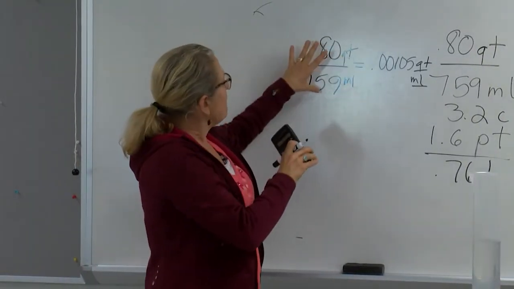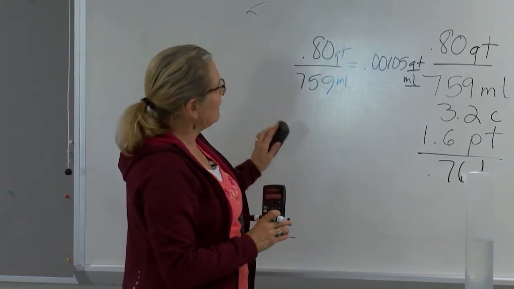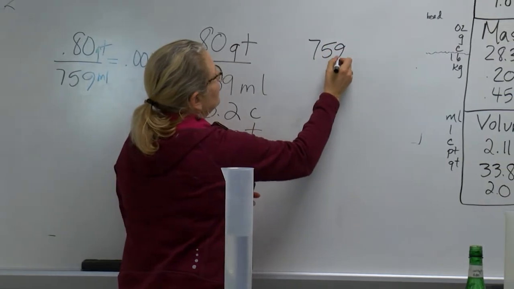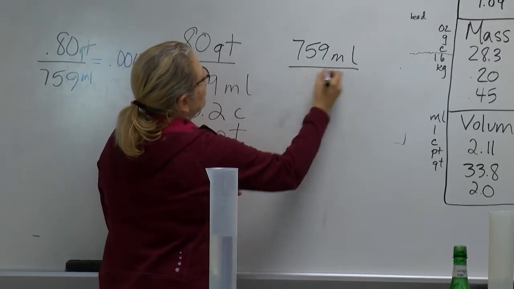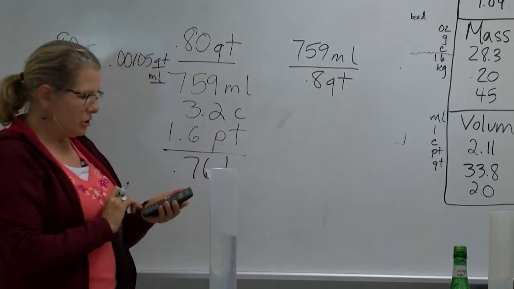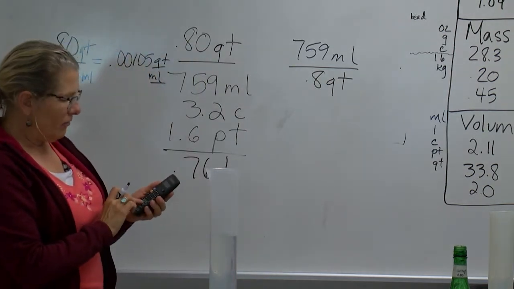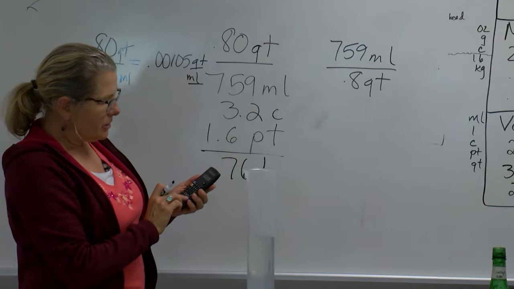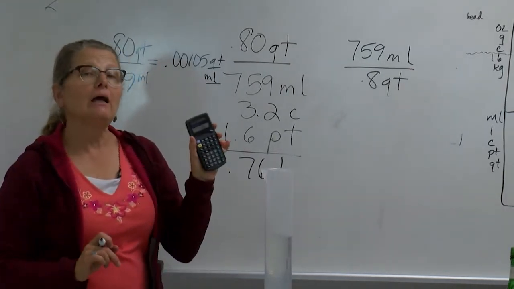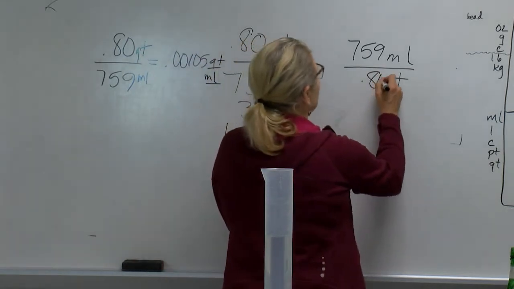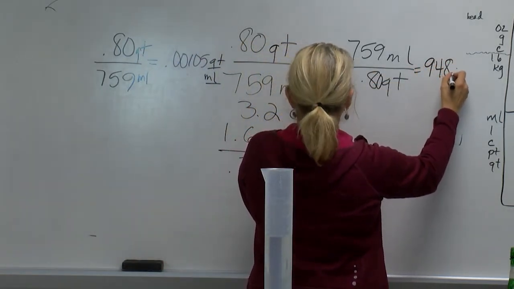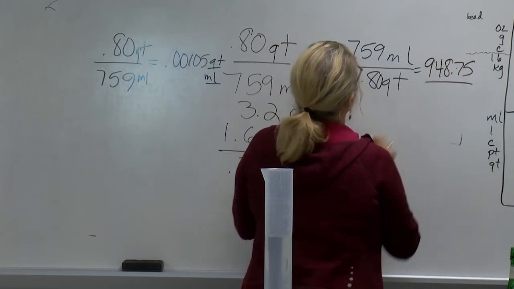Let's try milliliters to quarts and see what we come up with there. We have 759 milliliters, 0.8 quart. So let's try 759 divided by 0.80. That's 948.75.